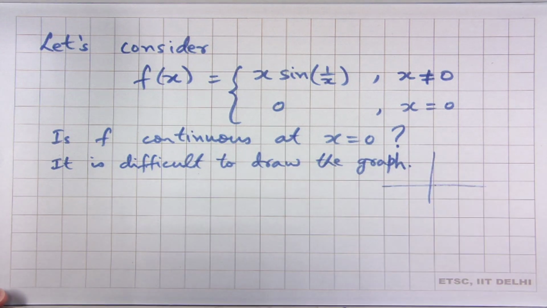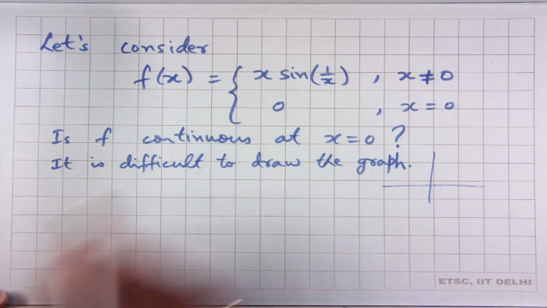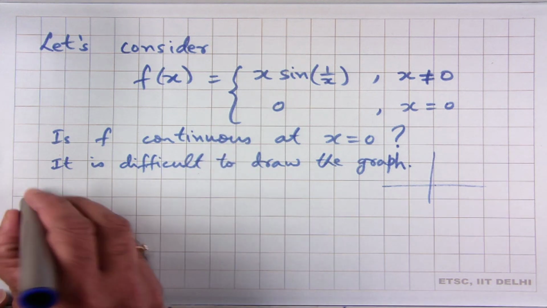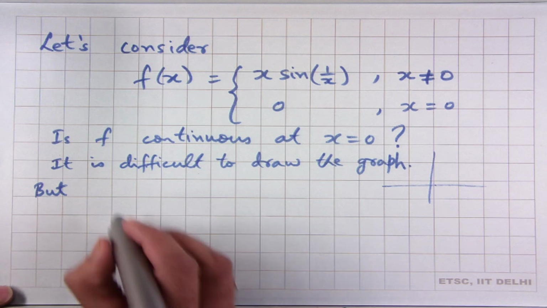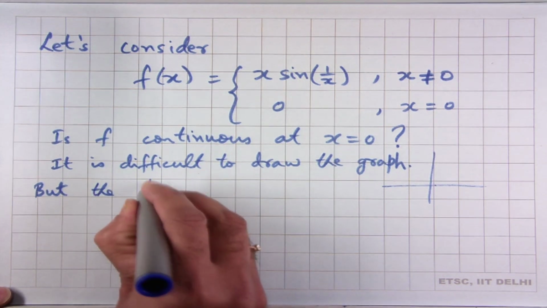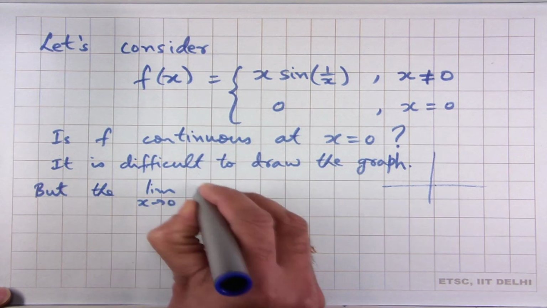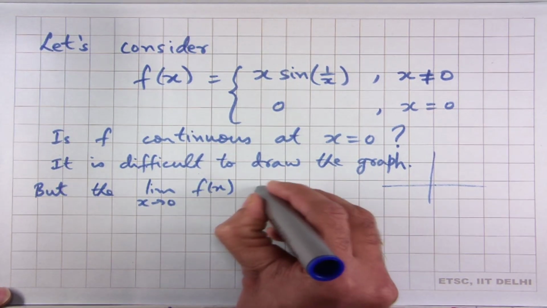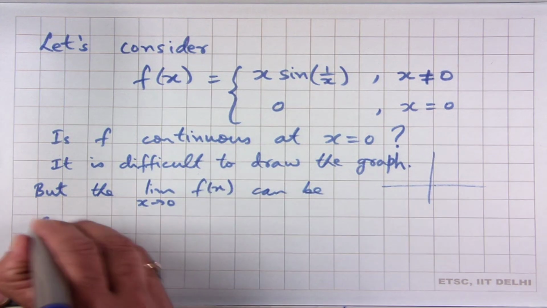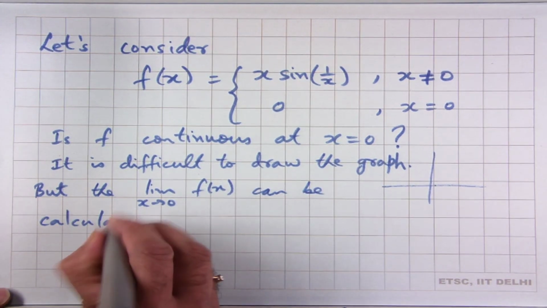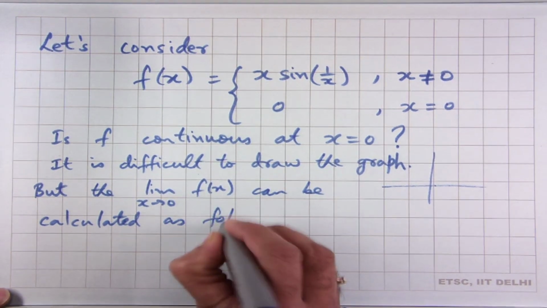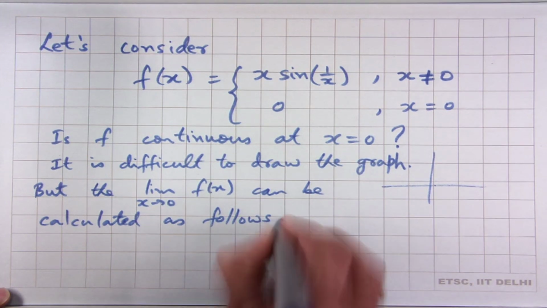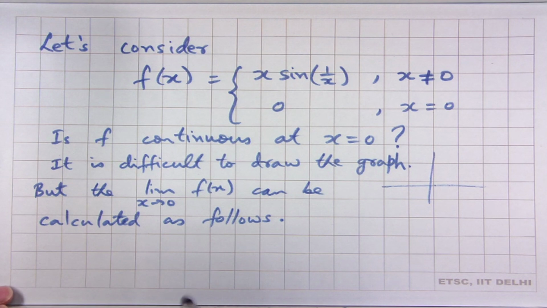It is difficult to see whether the graph is broken or not, but let us try to calculate the limit if we can. Can we calculate the limit of f of x as x goes to 0? It can be calculated as follows. I think we have seen this example maybe before also.